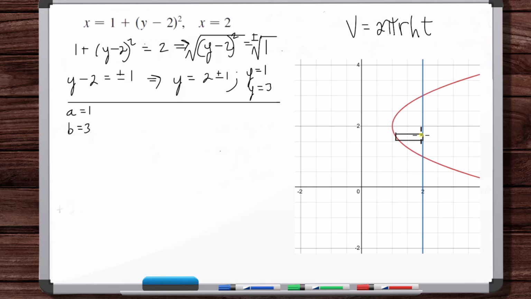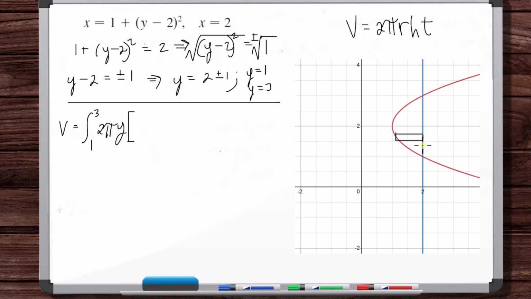Now the height is going to be what? It's going to be 2 minus this 1 plus y minus 2 squared. So, all right. The volume is equal to, we're going from 1 to 3, 2 pi. The r is just going to be, again, the y coordinate, y.